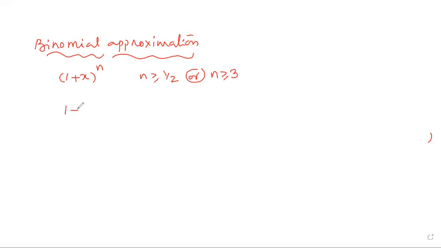Then for (1 + x)^n, the binomial theorem applies.